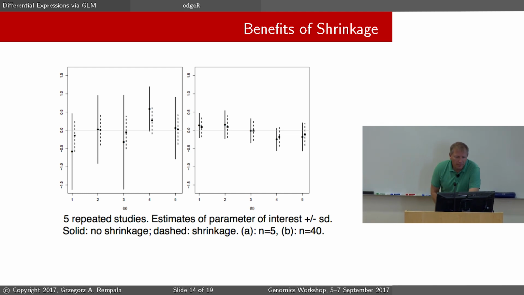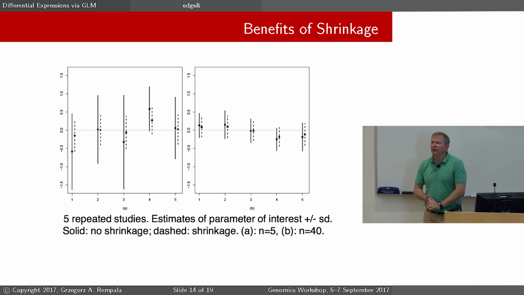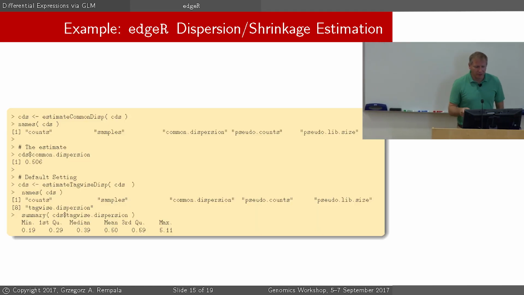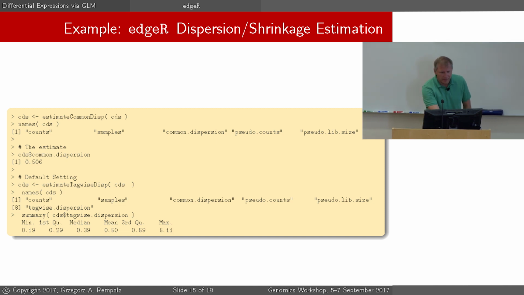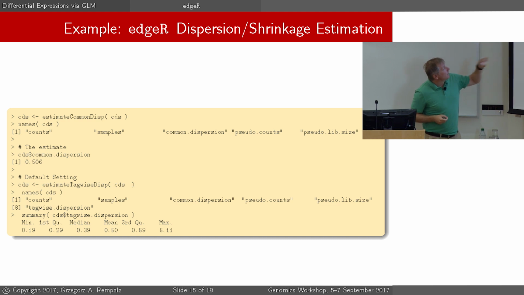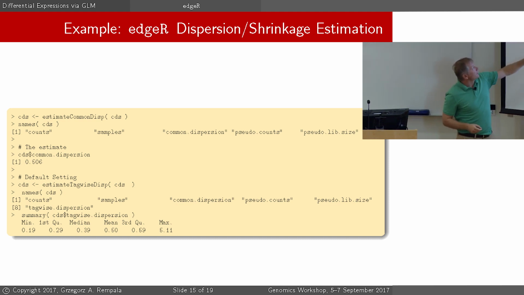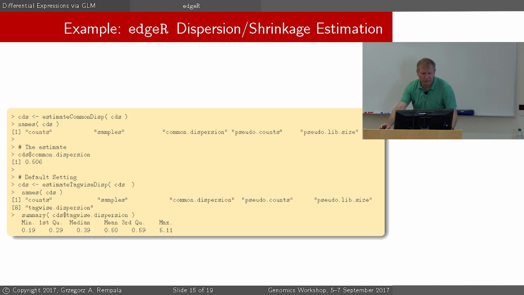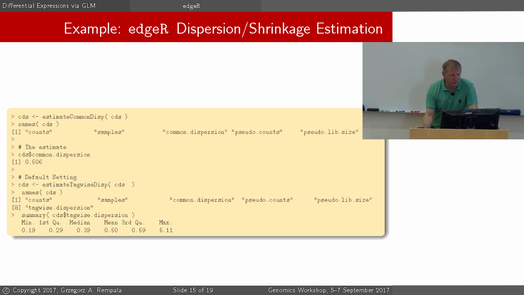Okay, so there's a function within the package that we'll be looking at in a moment, which is called estimate common dispersion. That runs a numerical algorithm that will calculate this phi and estimate the common dispersion. That common dispersion can then be used to do another estimation, estimate tagwise dispersion, which will allow you to calculate these shrinkage factors for the appropriate scaling.